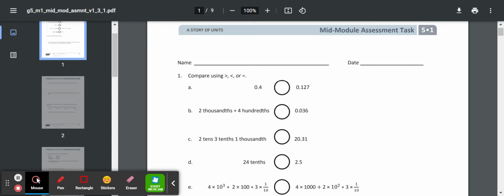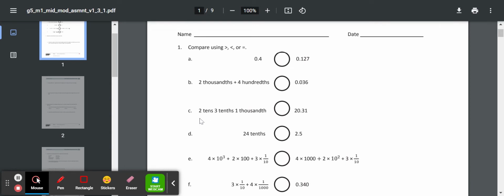Number 1 says compare using greater than, less than, or equal to. A has no words, so pause and compare. B says 2/1000ths plus 4/100ths. Pause to compare with the other side.